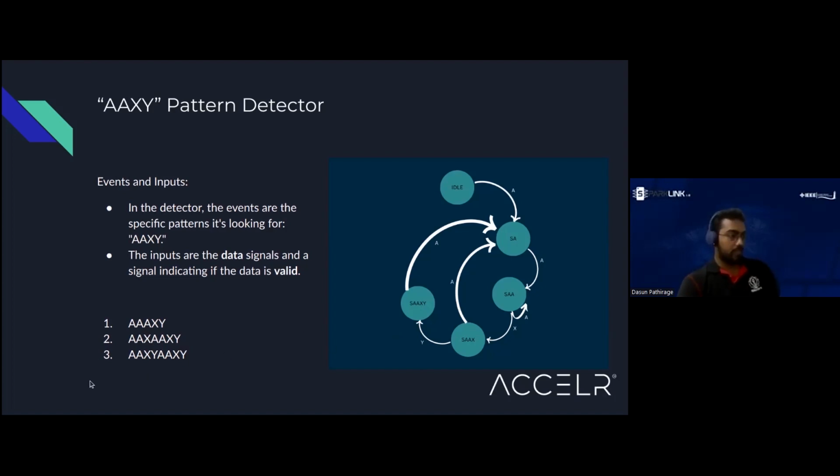Okay. Last example here is AAXY, AAXY. Here you can see that the first one is obviously detecting this pattern, and the reason for this arrow is that as soon as we detect this pattern, in the next clock cycle we receive another A. If we go to idle, then this pattern will be missed.